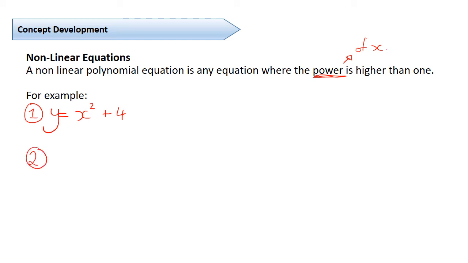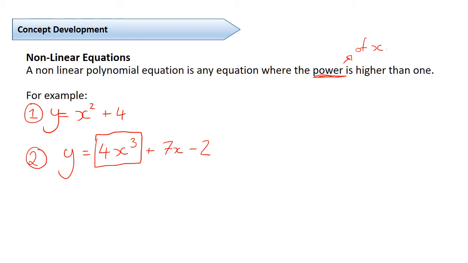Let's look at a different one. y is equal to, let's go maybe 4x cubed plus 7x take 2. And again, even though we do have a linear term with that 7x, so just x to the power of 1, we do have this brand new term here, this 4x to the 3. And as I said when I was writing it, I said 4x cubed because this is a cubic function.